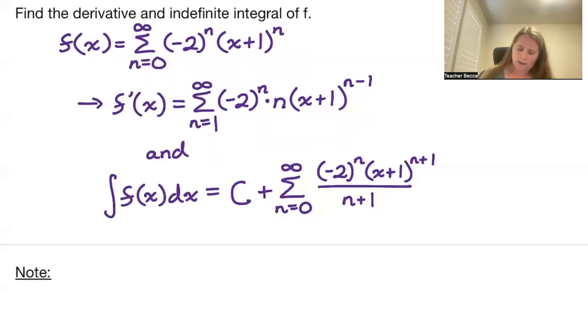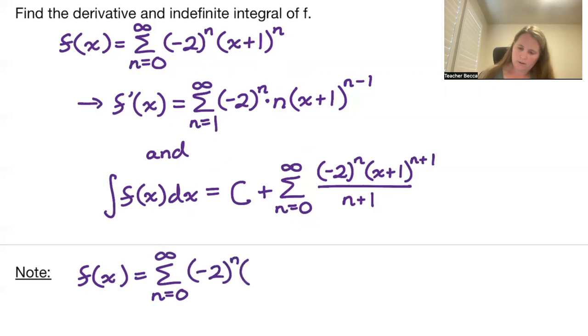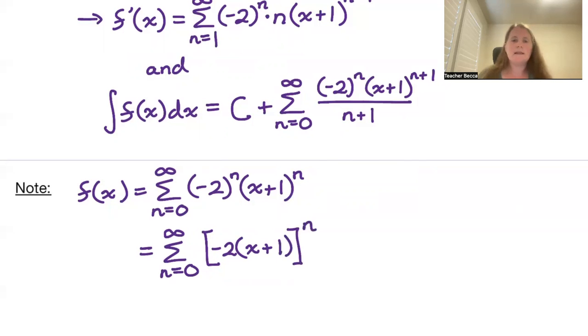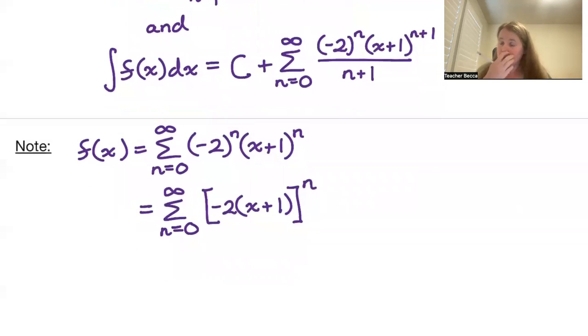Note that f of x here is the sum from n equals 0 to infinity of (-2)^n times (x plus 1)^n. We could rewrite this as the sum from n equals 0 to infinity of (-2 times (x plus 1)) and then that whole thing raised to the n, which is just a geometric series.